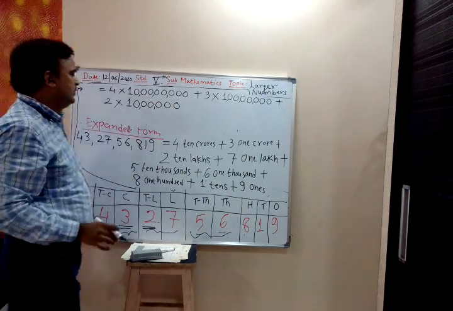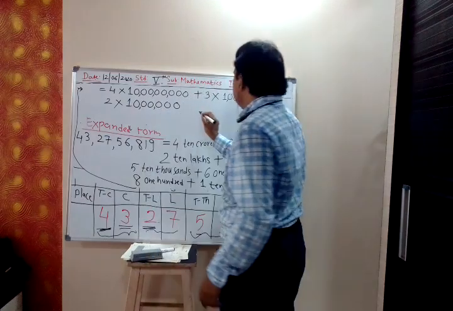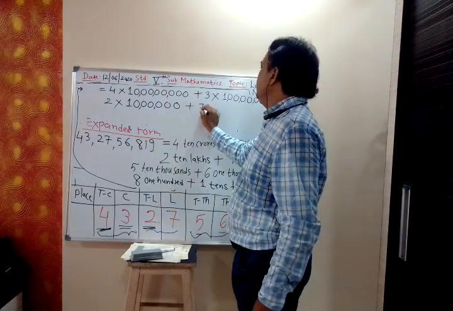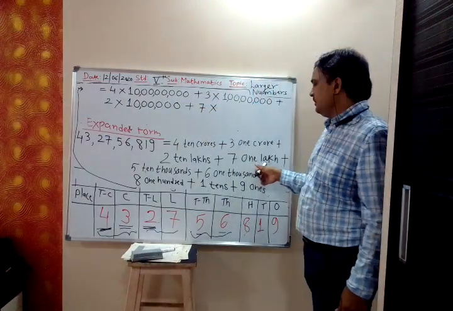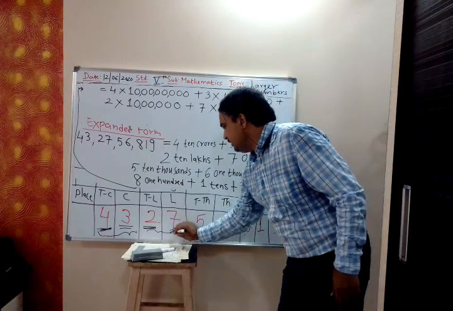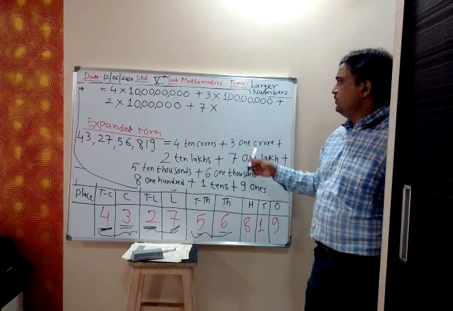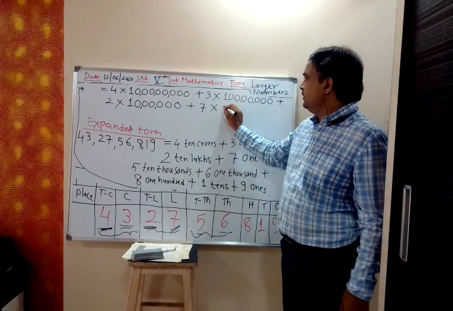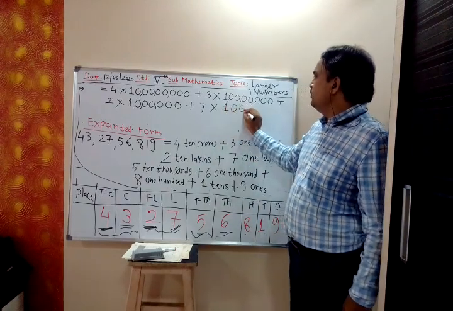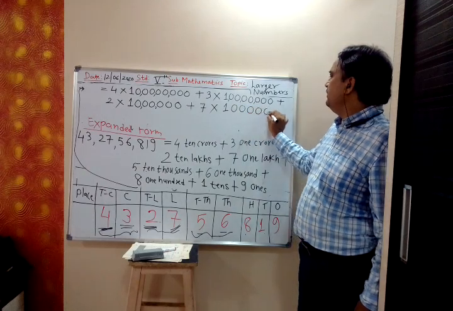This is 10 lakh. Plus 7 one lakh. After 7, how many digits are there? 1, 2, 3, 4, 5. So 1 lakh will have 5 zeros.